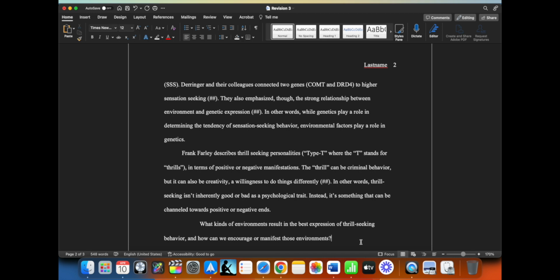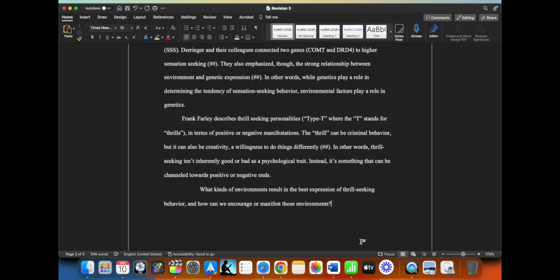And so what I might end up saying at the end here is something along the lines of, because environmental factors play a role in genetic expression and in the cultural expression and in the psychological expression, and bending these towards positive ends is the result of a certain environment, then that needs to be where we are focusing our attention.